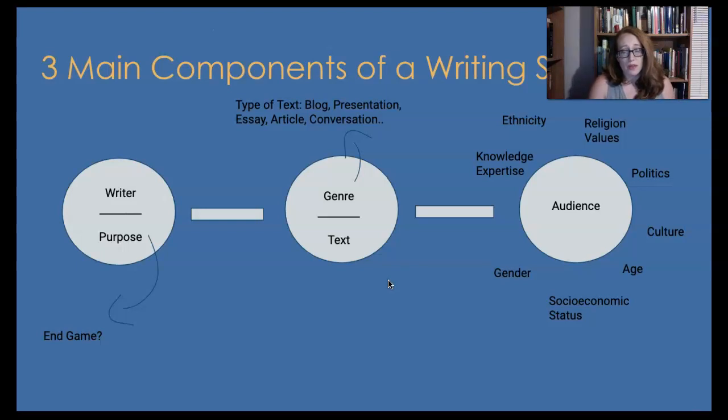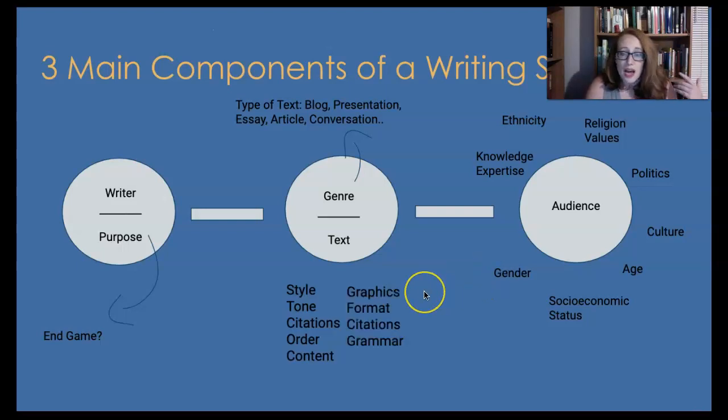We talked about that a little bit with knowledge of conventions, and how what is good and what's expected in different fields and different genres can vary. When we looked at the ransom note, we talked about how this genre has a purpose, to get money and not to get caught, and these are the rules you're supposed to follow. So some of the rules or expectations for that genre can be style and tone: are you supposed to be funny? Is this conversational, casual?